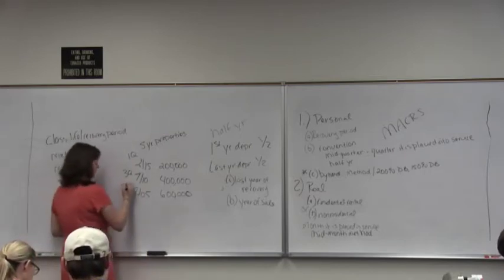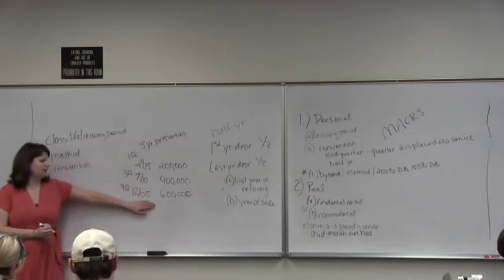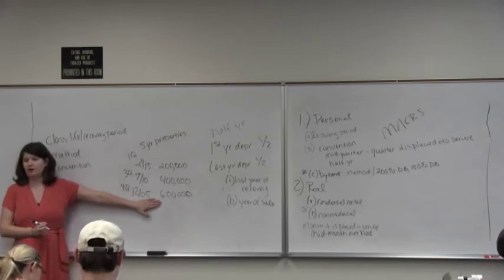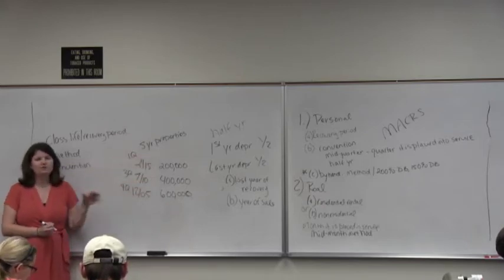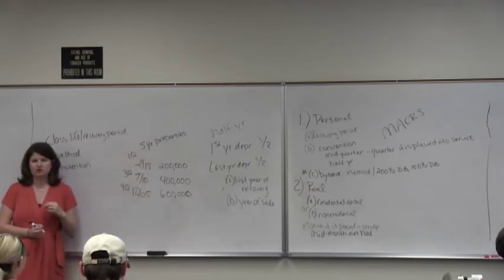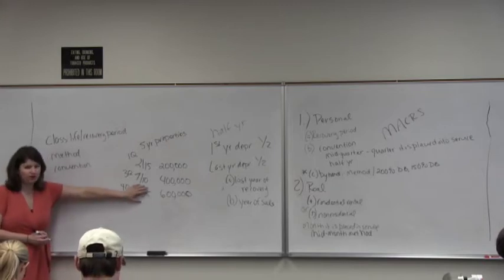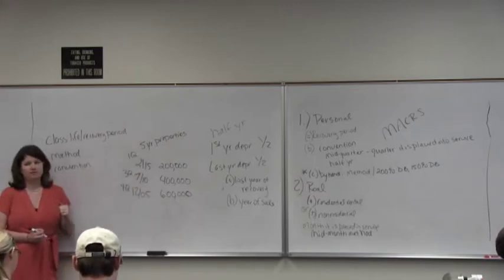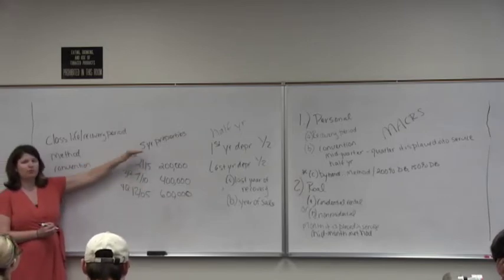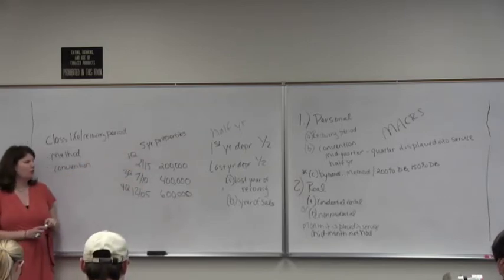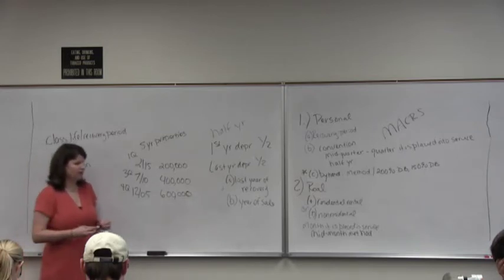Fourth. And this is 50% of the value, so that is greater than 40%. That means for all of these assets, we have to use the mid-quarter convention. Not just for this one, for all of them. So we have to know what quarter all of them were placed into service in order to use the mid-quarter convention.